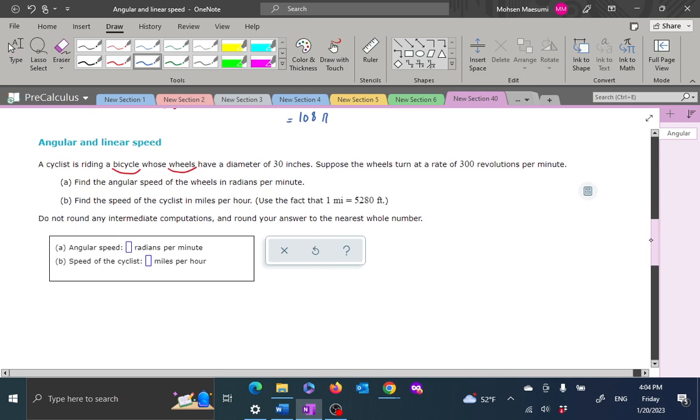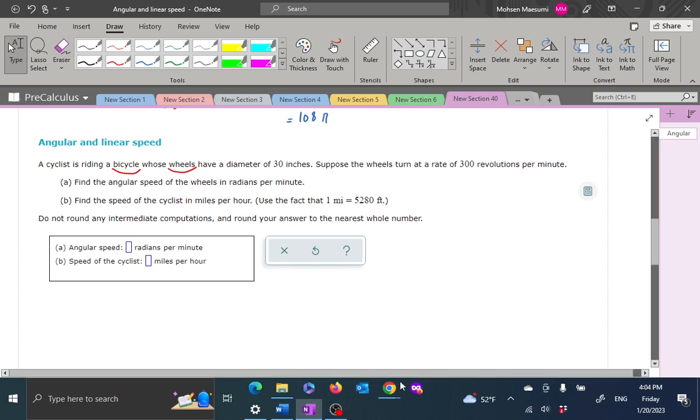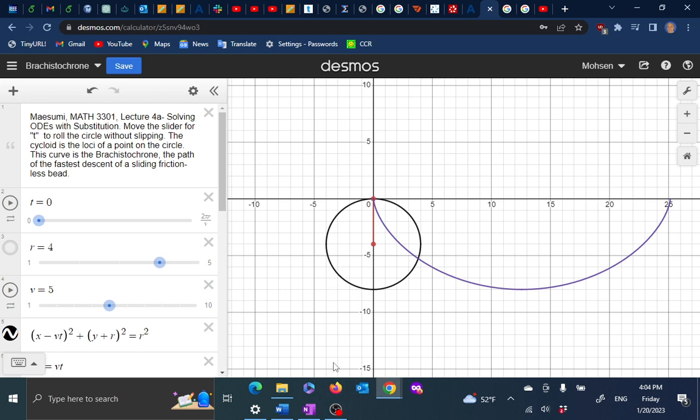But just be prepared that when you go to your physics class or your engineering class or your calculus class, this issue is going to come up. A bicycle is moving, so different points on that wheel of the bicycle are going to have different velocities, and the situation becomes a bit complicated. So let me go here, make this thing.